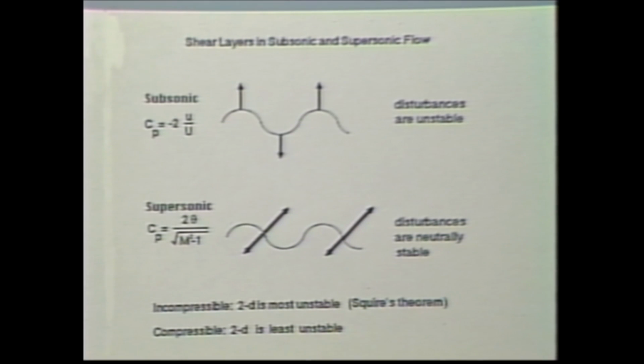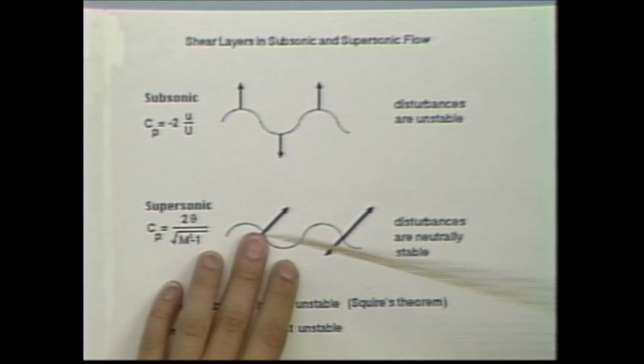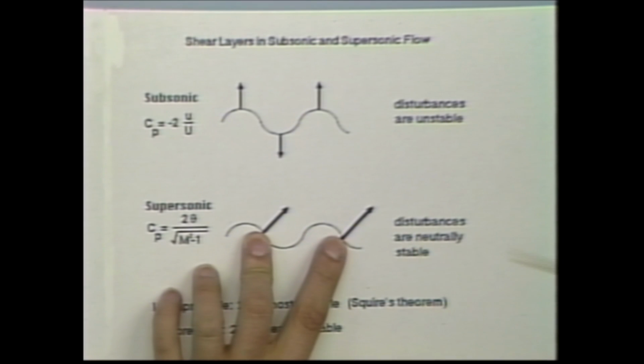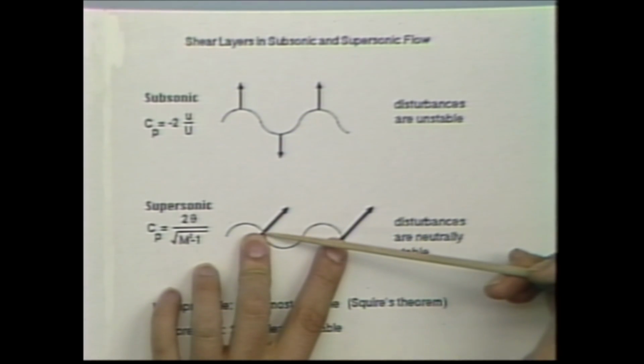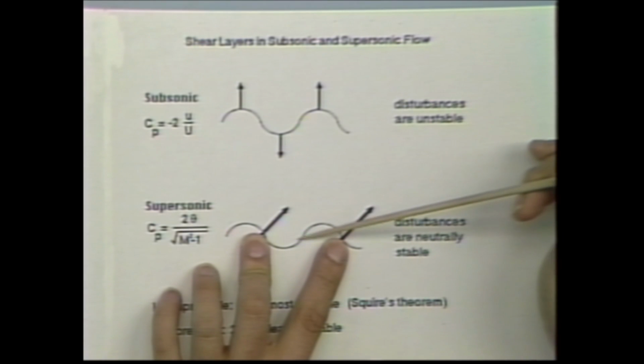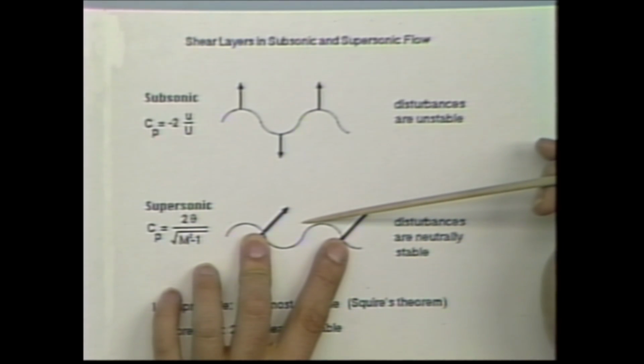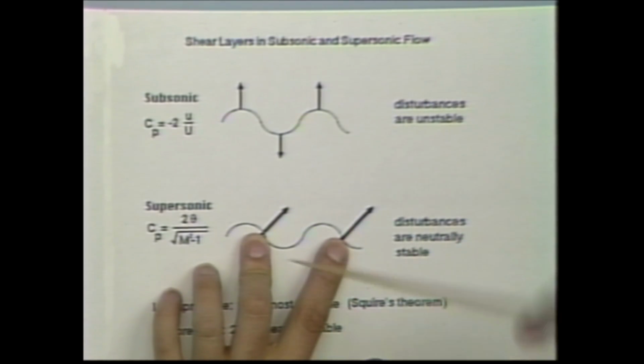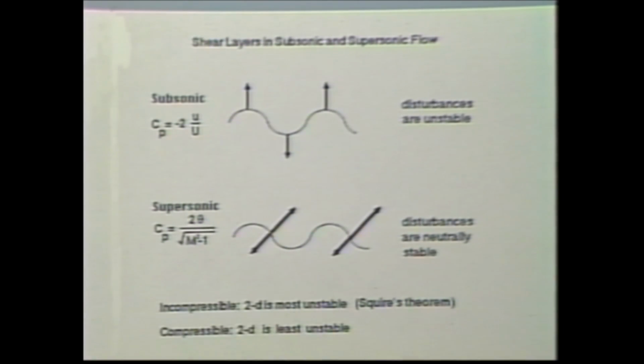Now, look at what happens in supersonic flow. In supersonic flow, let's just start off with a wavy-shaped wall. I get the pressure minima at the expansion surfaces and the pressure maxima at the compression surfaces. Now, once again, make the transformation. Instead of thinking about that as a wall, think about that as a disturbance that's sitting between two flows.